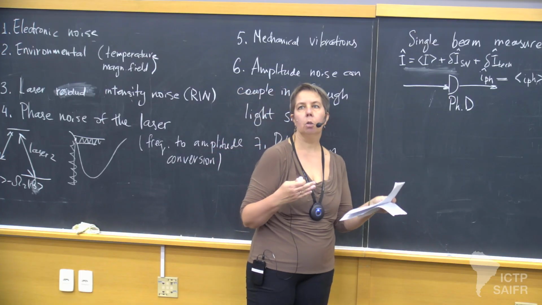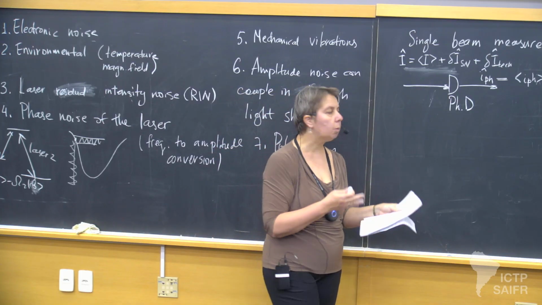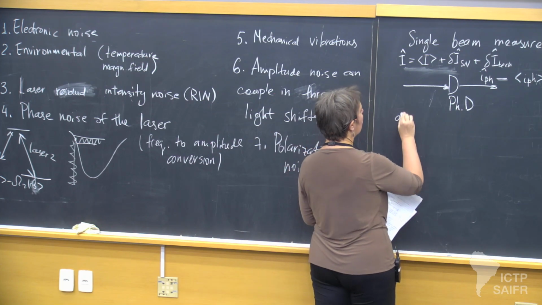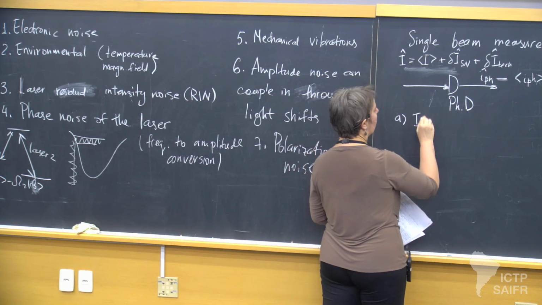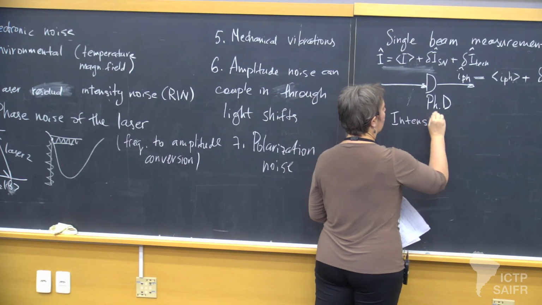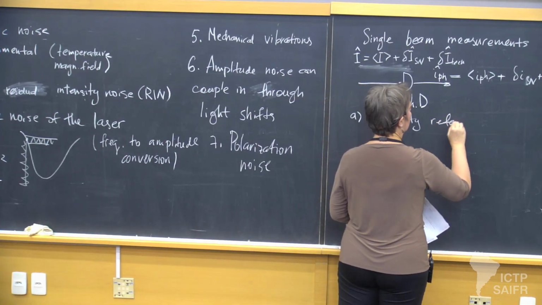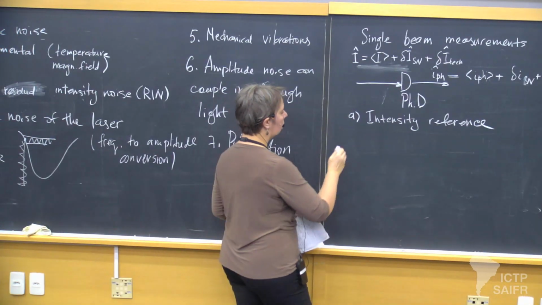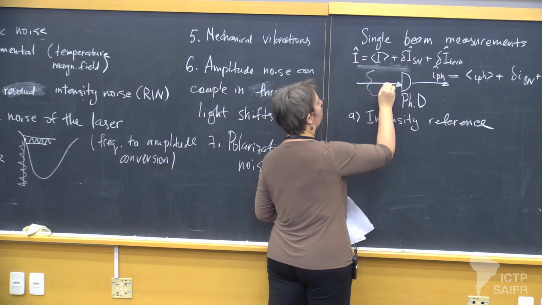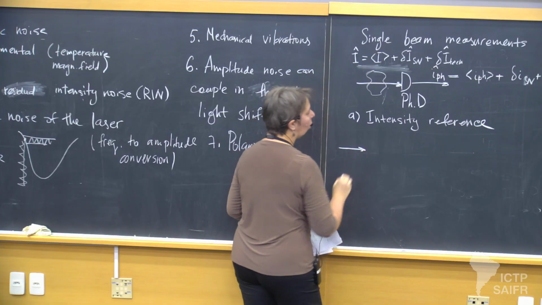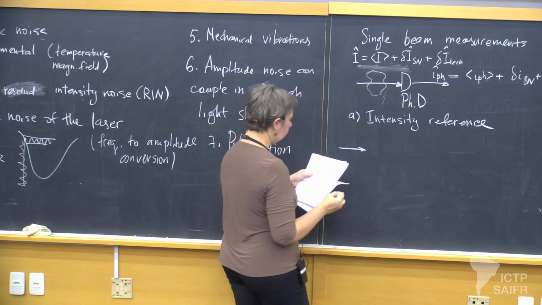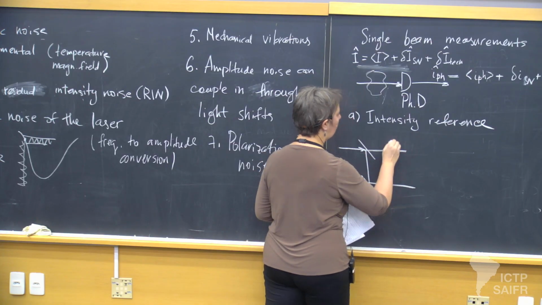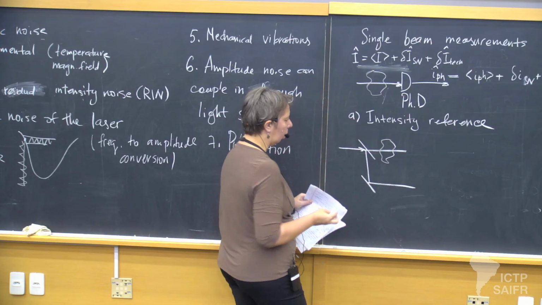So that's why in many experiments, you try to design your measurement scheme such that you can reference what you're measuring with respect to the laser itself. For example, if you want to measure small changes in intensity, you can use an intensity reference. So instead of just sending all your beam through the sample, you divide it into two, where one of the beams goes through the sample and one doesn't.